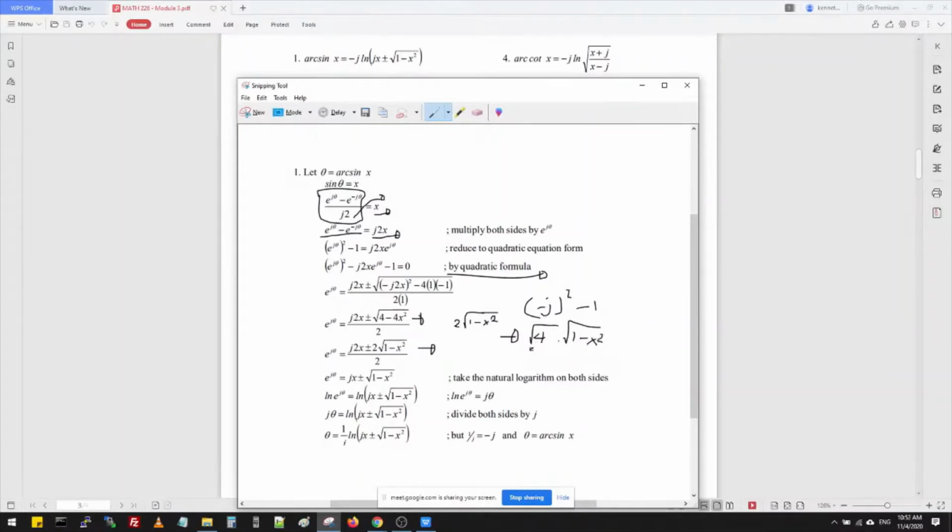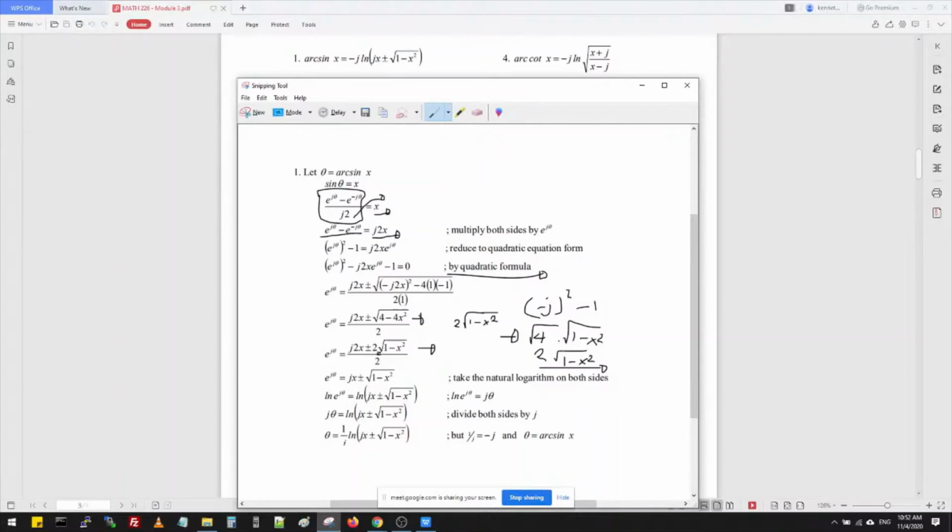Siya. Then, you can have these 2 square root of 1 minus x squared. So, this is using the radical rule. Okay. So, we use the radical rule to obtain this one.